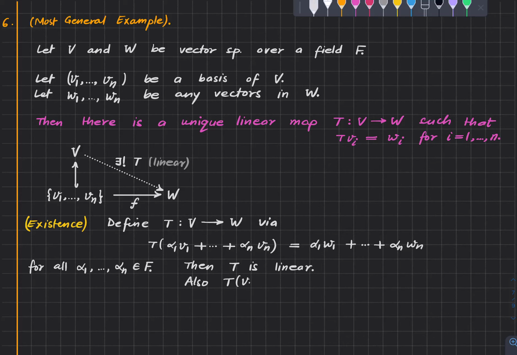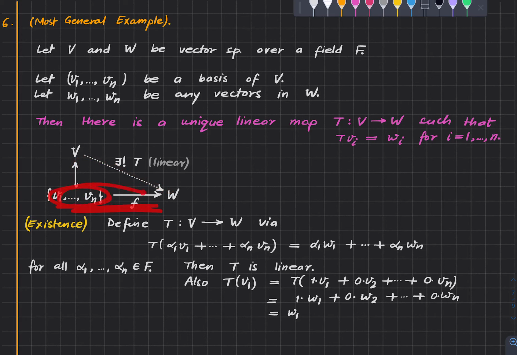T of v1 is T of 1 times v1 plus 0 times v2 plus ... plus 0 times vn, which is 1 times w1 plus 0 times w2 plus ... plus 0 times wn, which is w1. So T v1 is w1 and similarly T vi is wi, and therefore this proves existence, that indeed there is at least one linear map which respects the image that we chose for each basis element.